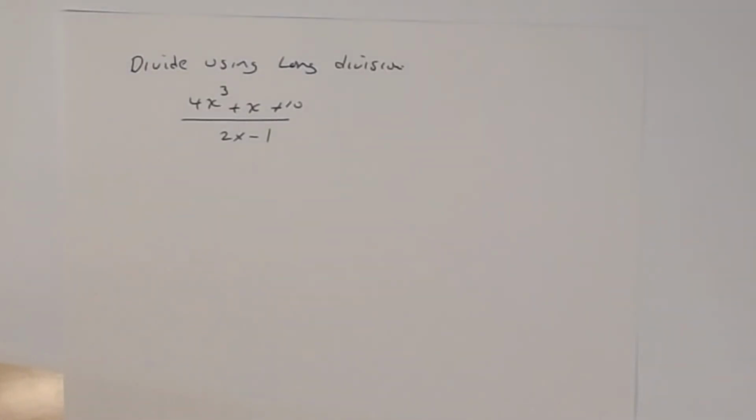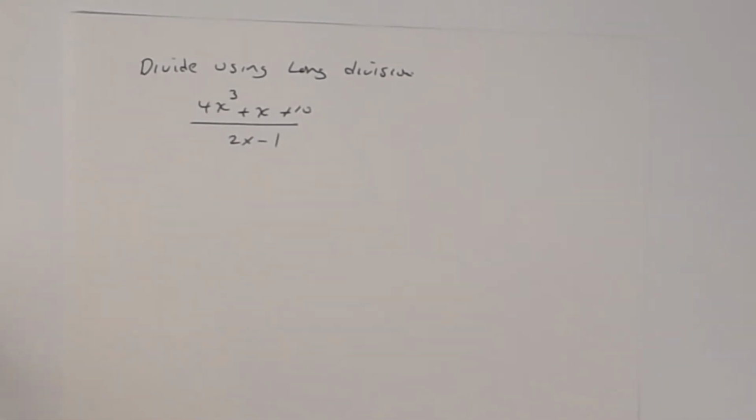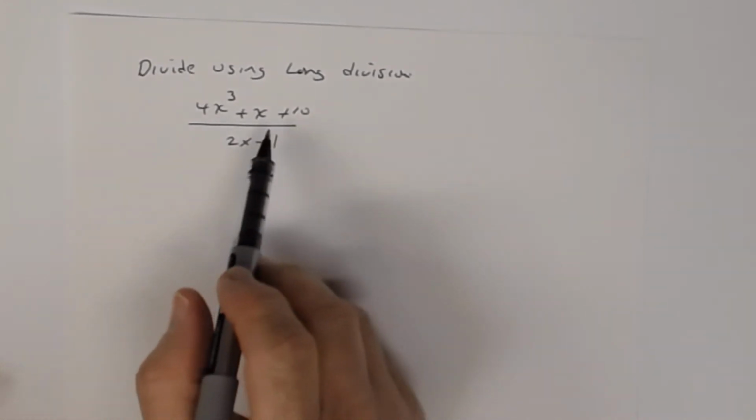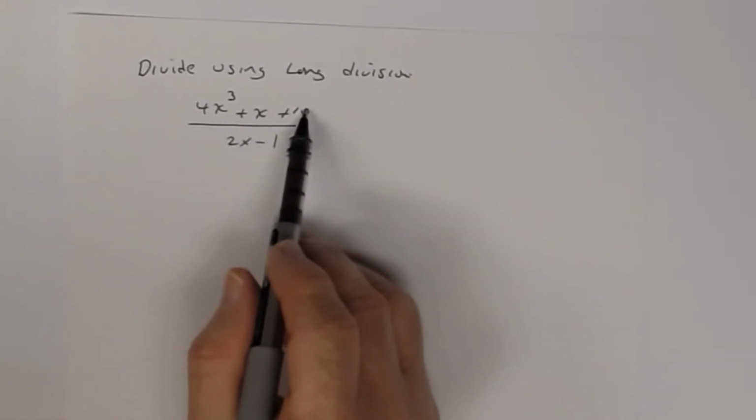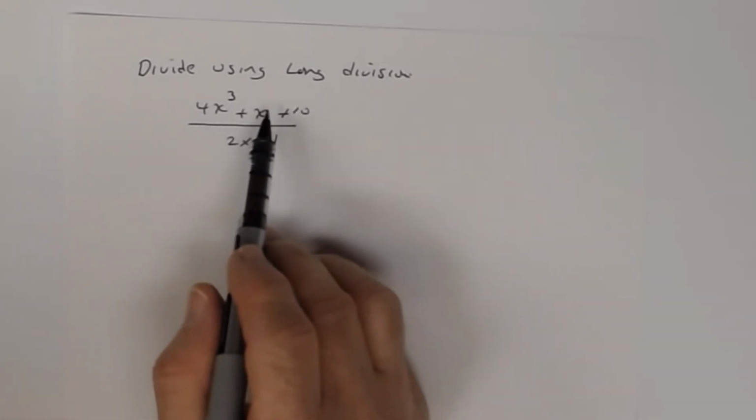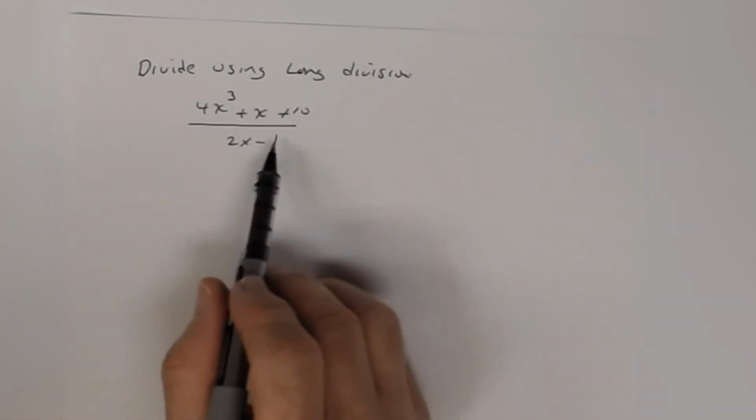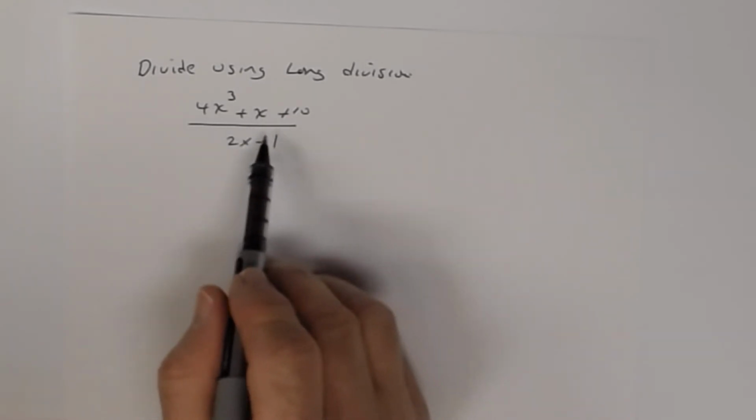All right, so let's look at this one now. We're dividing these two polynomials using long division. Notice this is in descending order, x cubed, x, and then your constant, and this is in descending order as well, x to the first, and then your constant.